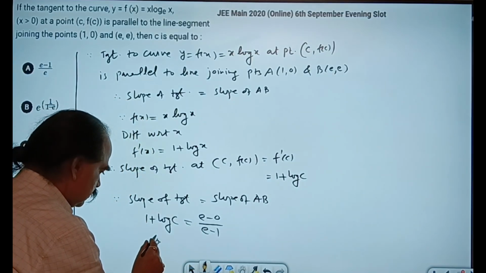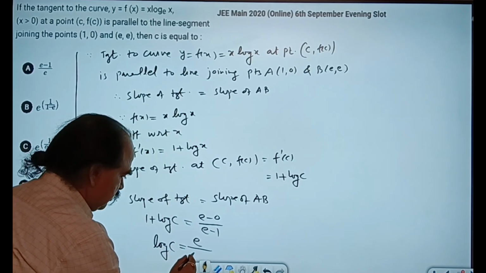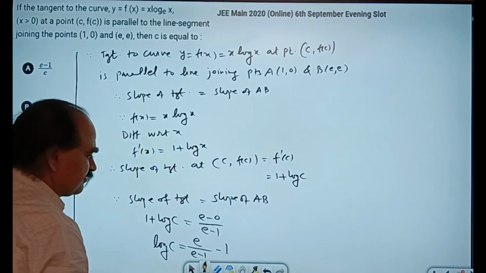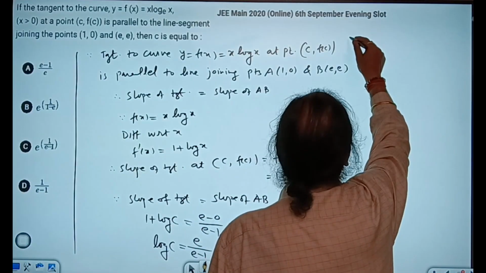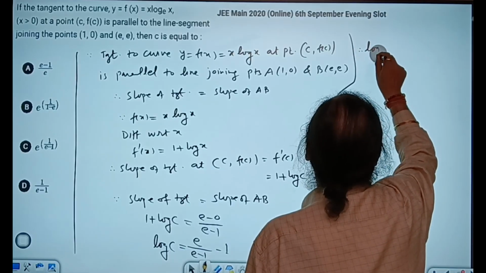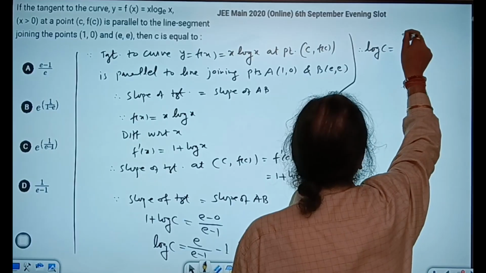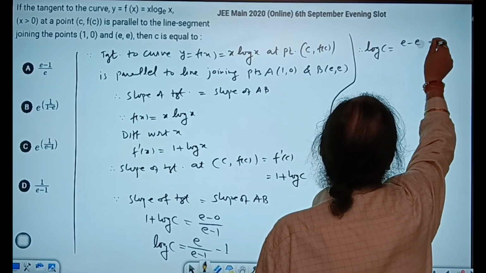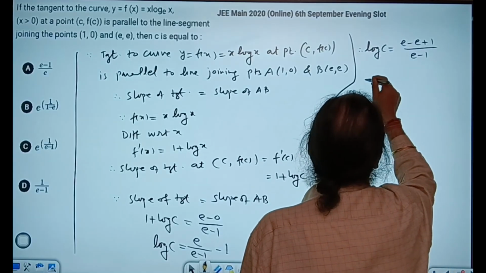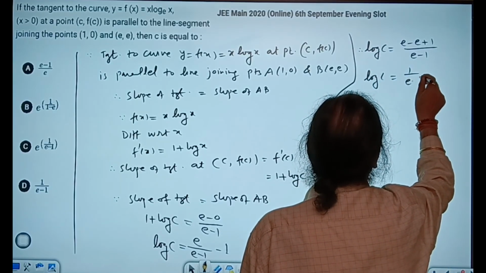Therefore, log c is e upon e minus 1 minus 1. Taking LCM, log c is (e minus e plus 1) upon e minus 1, which is 1 upon e minus 1.